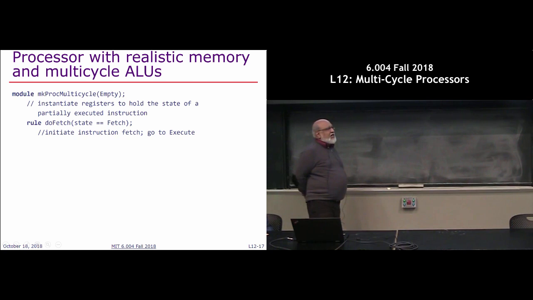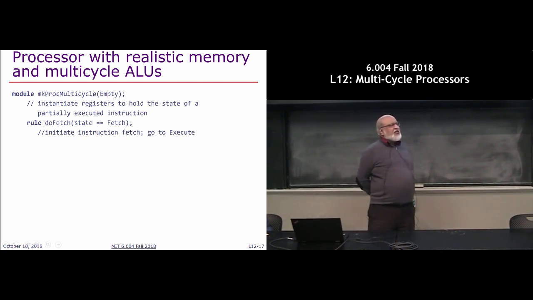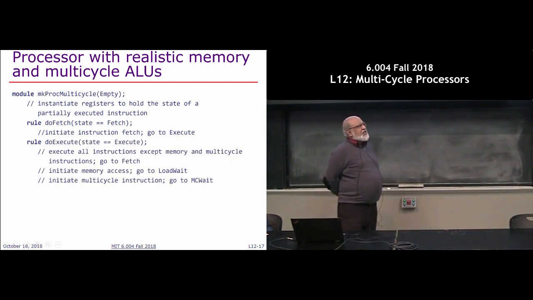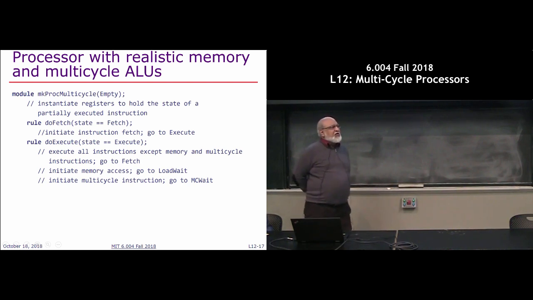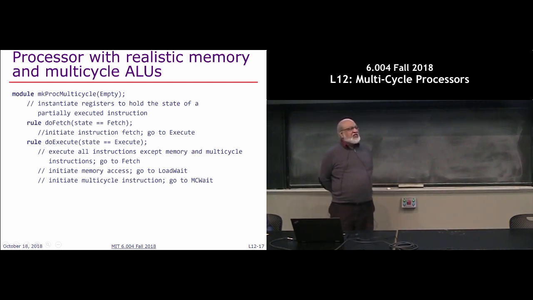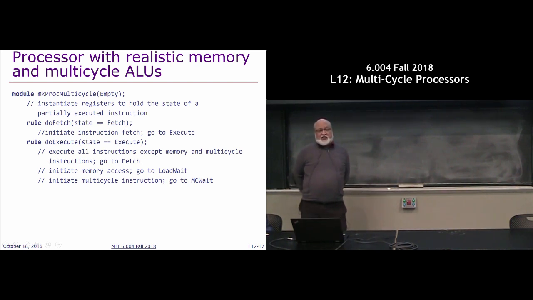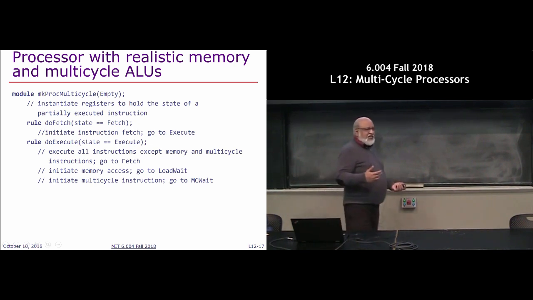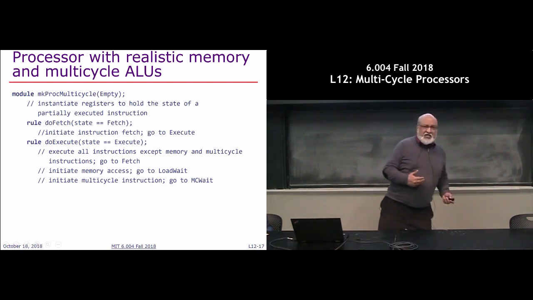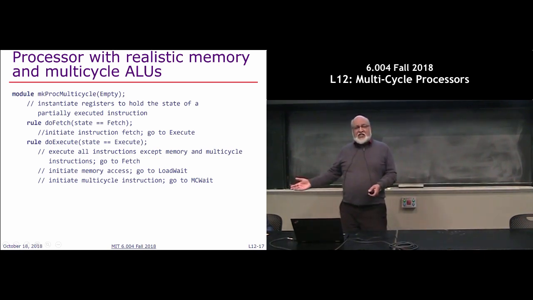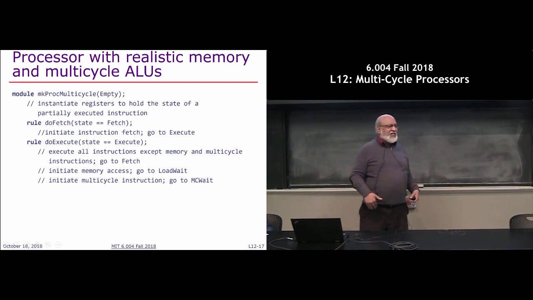So if it's a fetch stage, initiate instruction fetch, go to execute, and execute all instructions except memory instructions and multi-cycle instructions, and go to fetch, because all those things can be done in 2 cycles. If it is a memory instruction, then you will initiate the memory operation and go to memory wait operation. If it's a multi-cycle operation, initiate the multi-cycle operation and then go to wait for the multi-cycle operation.